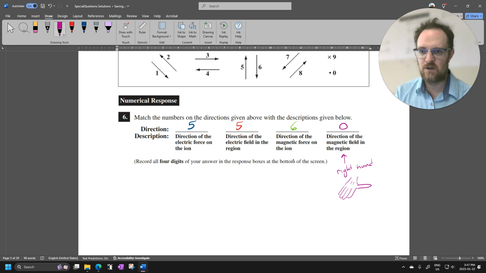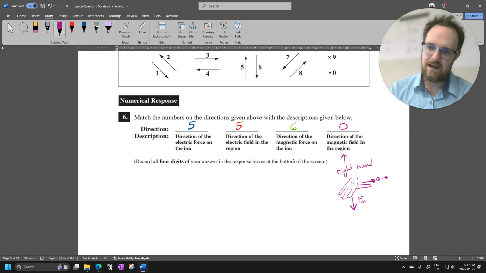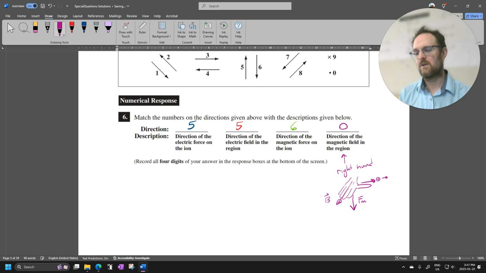So on my force going down, right? That's my force. This is the direction the particle is traveling, right? So that's my right hand downwards. And then my fingers here are kind of out of the page. That's the magnetic field that we're looking for. Cool. Not a very good picture there.